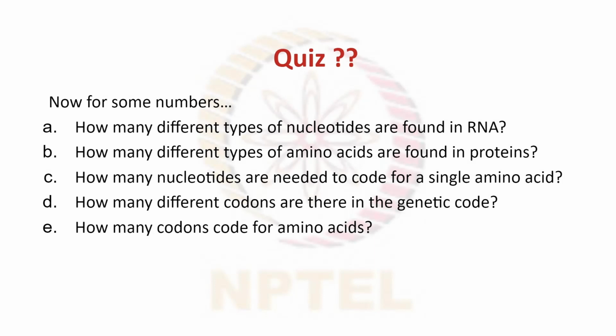Okay, here is one from the quiz. After this quiz, we'll move on to the EMBOSS demo. So how many different types of nucleotides are found in RNA? Kindly answer for now, later.